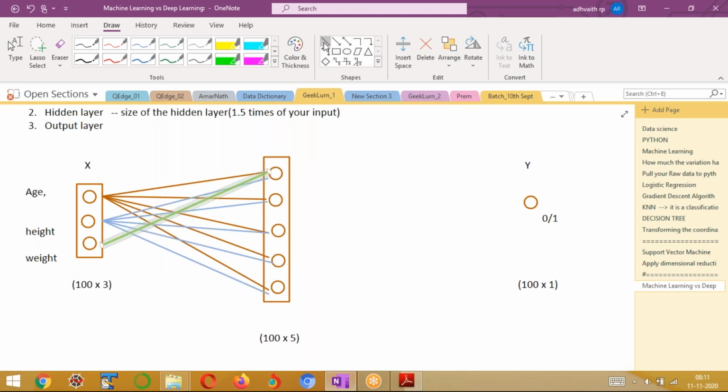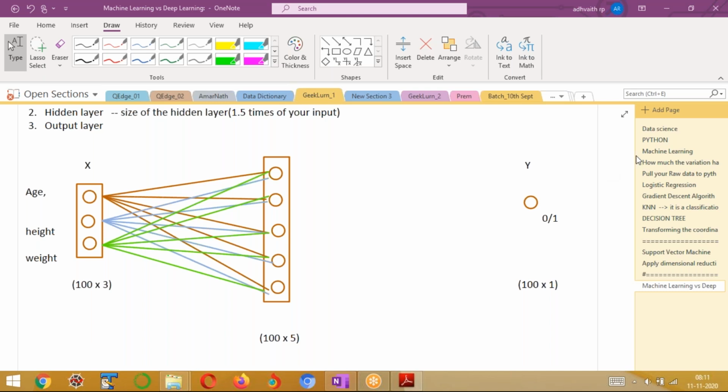Now imagine I have taken only 3 columns. If I take 100 columns, and a hidden layer of 150 columns, then what will the structure be? Just imagine. So why is it compared with your brain?